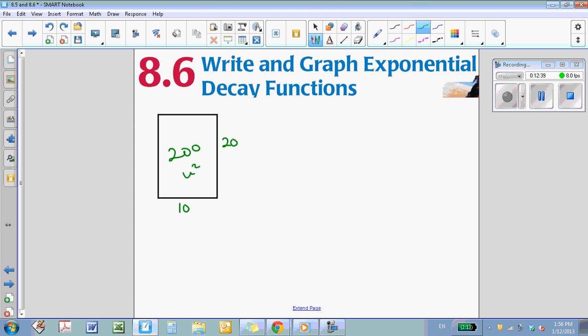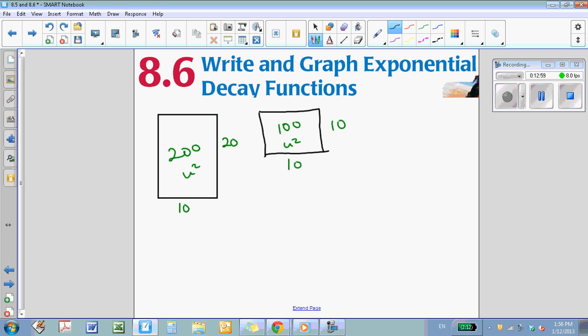So then I'm going to fold this paper in half. So now it's going to look like this. My paper is still 10 wide, but instead of being 20 long, it's now 10 long. So my new area is going to be 100.